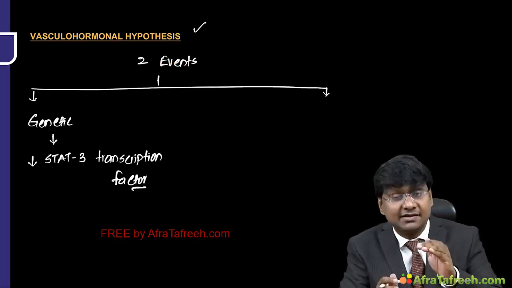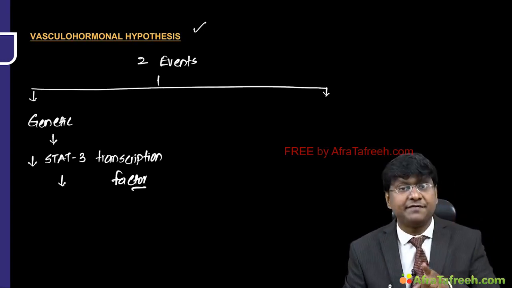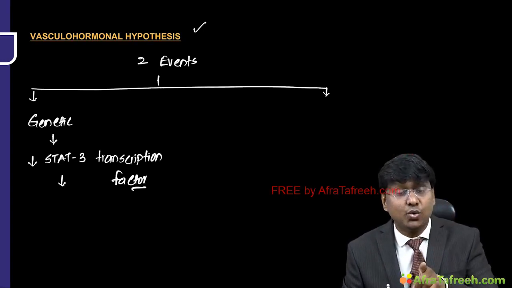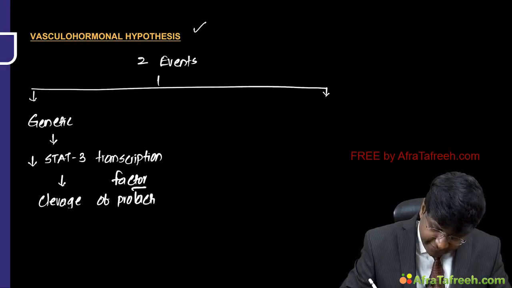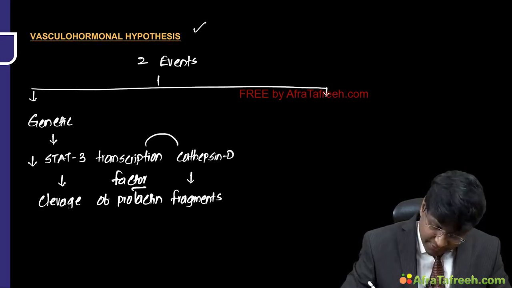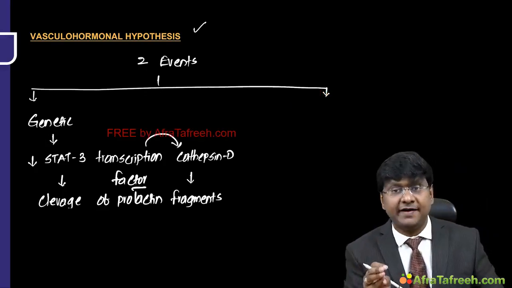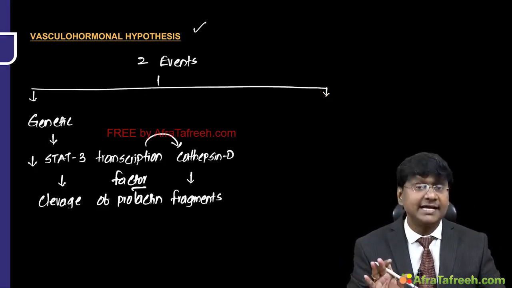Because of reduction in STAT3 transcription factor, there is cleavage of prolactin fragments, which is caused by cathepsin D. So, reduction of STAT3 transcription factor results in the cleavage of prolactin from the pituitary by cathepsin D.